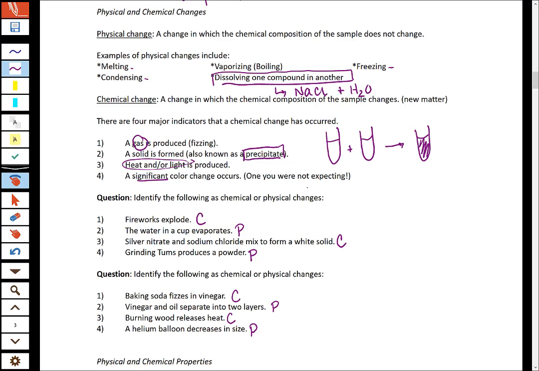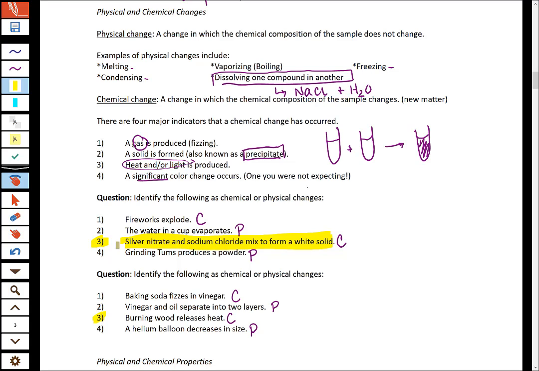The ones that usually get people are this one and, well, we already said burning wood releases heat, but sometimes that still gets people. So let's talk about these two. The first one here, silver nitrate and sodium chloride mix to form a white solid.